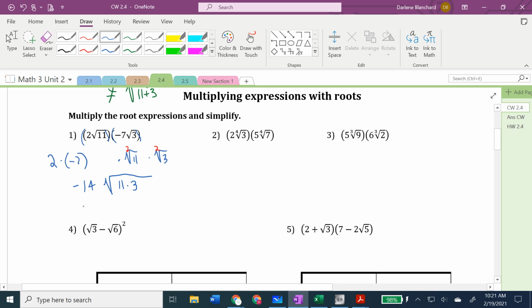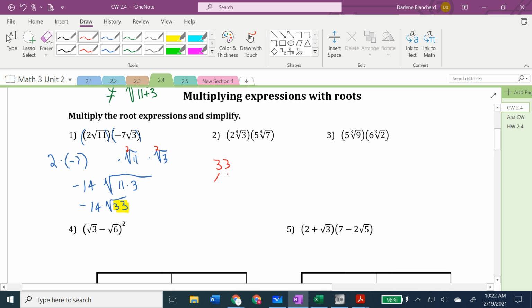So then this simplifies to -14 times the square root of 33. And you should double check to see if the number you get here can be simplified further. And simplified further would be if it's divisible by a perfect square number that can be also taken out of the root.